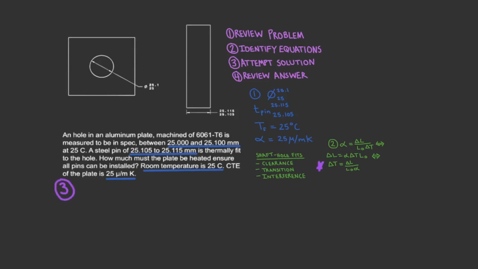Let's start by plugging what we know right into the third form of the thermal expansion equation we came up with. Change in temperature is equal to change in length divided by initial length times coefficient of thermal expansion.